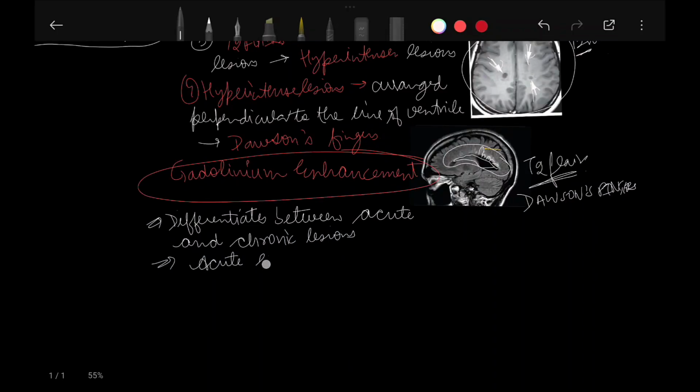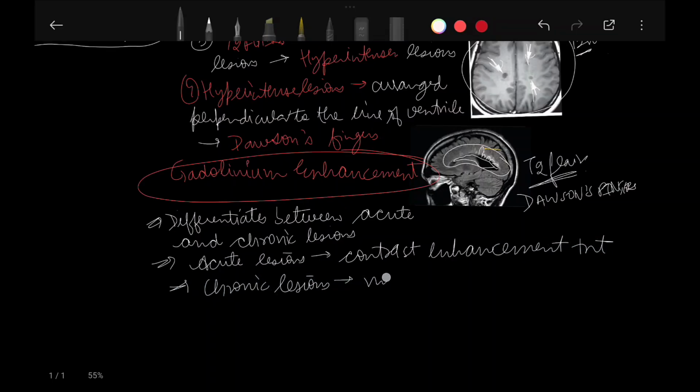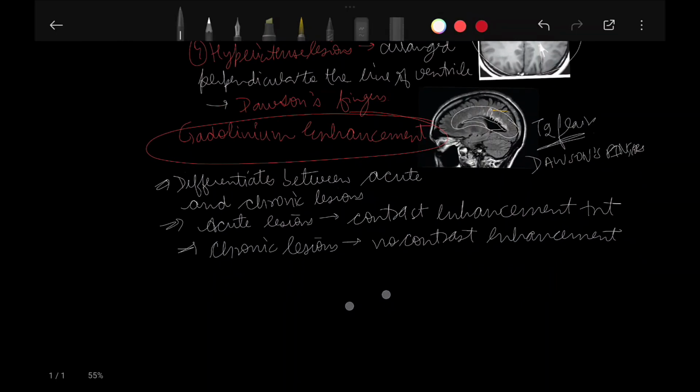In acute lesions, in gadolinium enhancement, contrast enhancement will be present. In case of chronic lesions, no contrast enhancement is there. So in acute lesions, contrast enhancement is present, and in chronic lesions, no contrast enhancement is there.